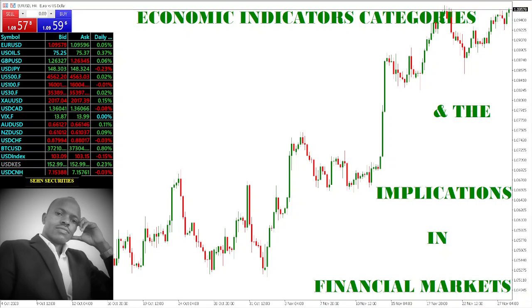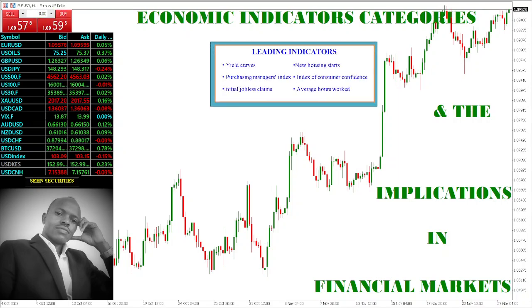So let's look at the first category of indicator, that is the leading indicators. It's worth mentioning that leading indicators typically constitute measurable datasets that help anticipate trends and forecast future economic activities.